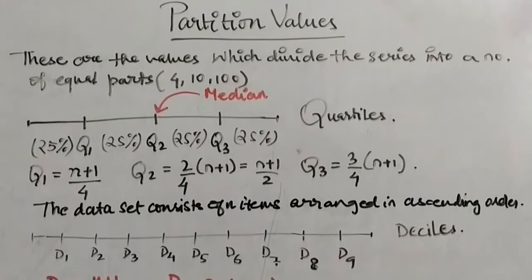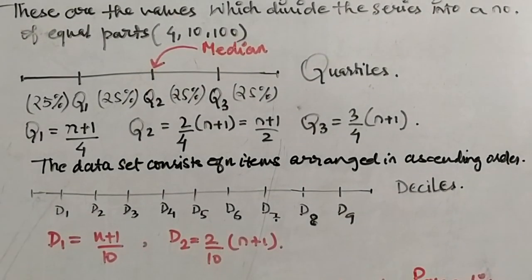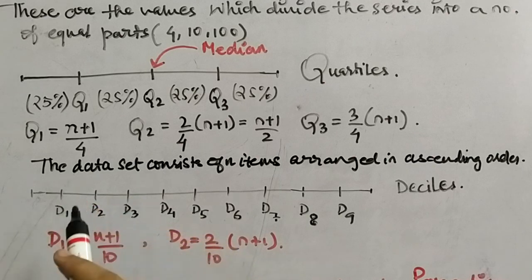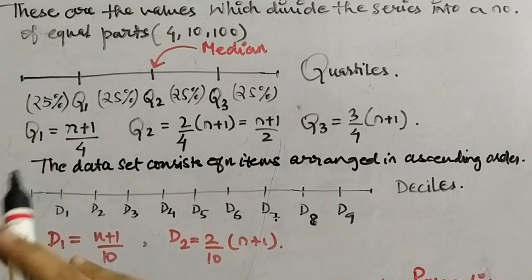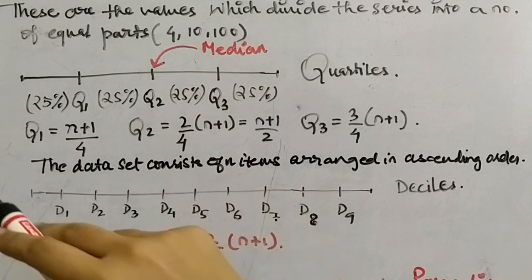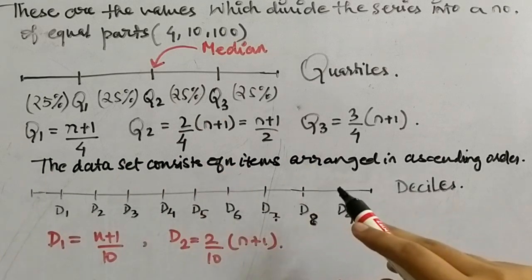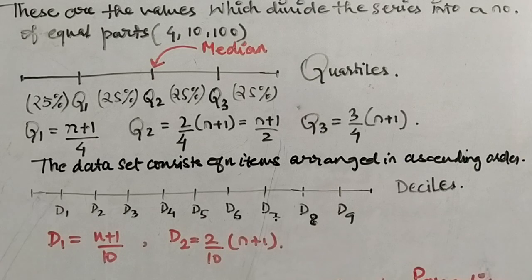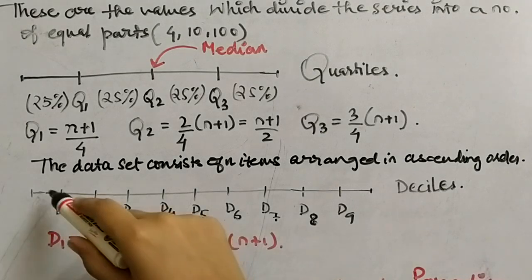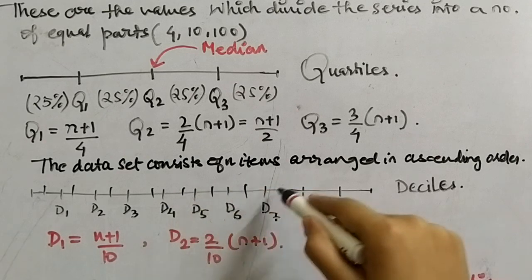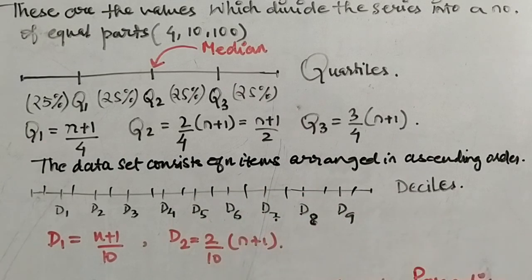Now, in case of D1, the total segments that lie below D1 is only 1 by the total divisions. Like these are the total divisions. The total divisions is 10, you can count. 1, 2, 3, 4, 5, 6, 7, 8, 9, 10.